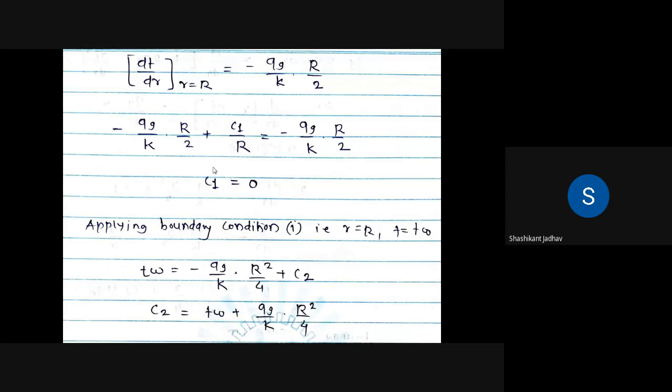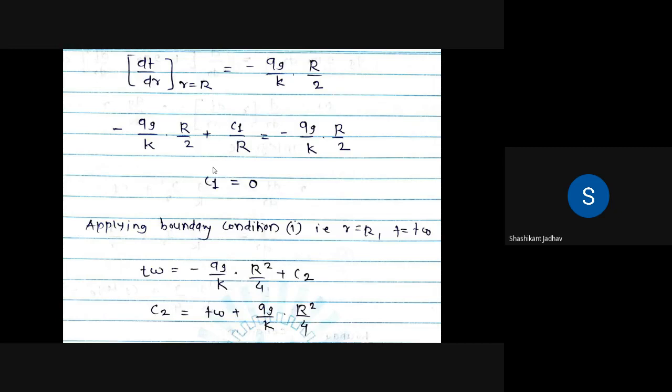So applying boundary condition 1, that is small r is equal to capital R, then T is equal to Tw.